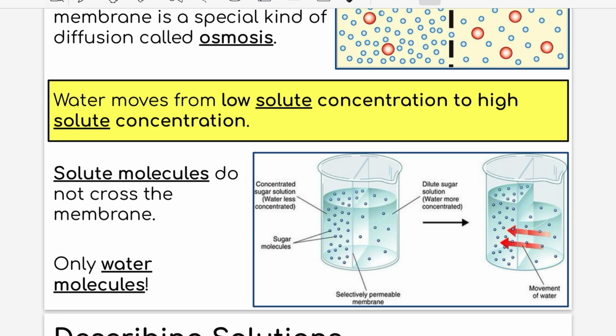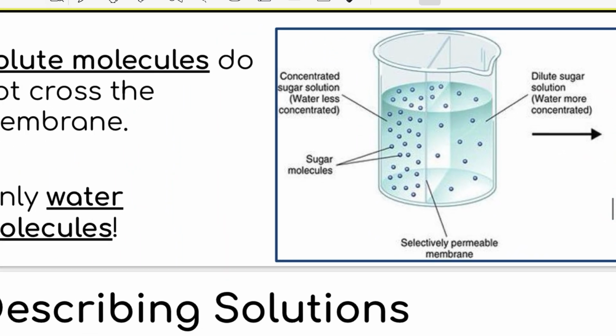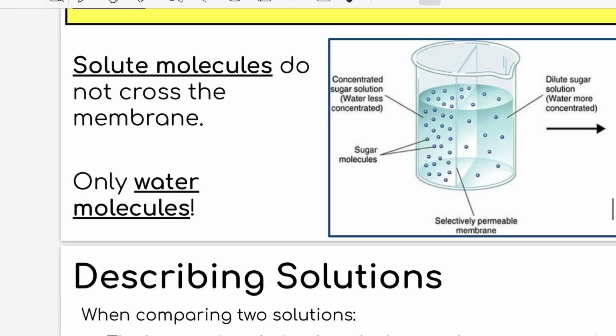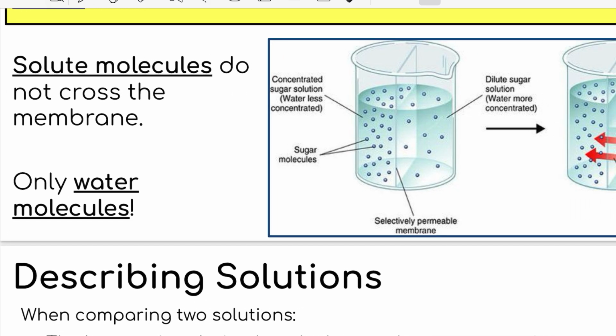And in osmosis, or in an ideal situation when we're describing osmosis, the solute molecules are not crossing. In reality, some solute molecules are able to pass across a membrane. Both water and solute molecules are moving across the membrane.